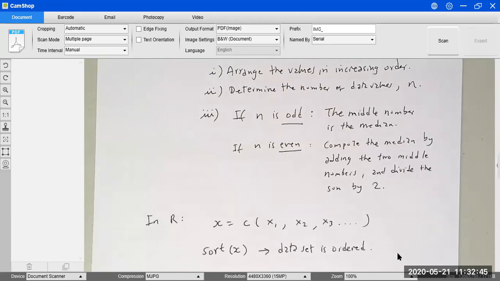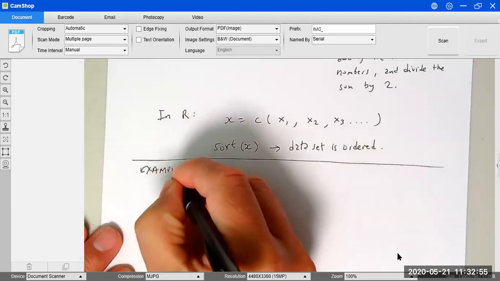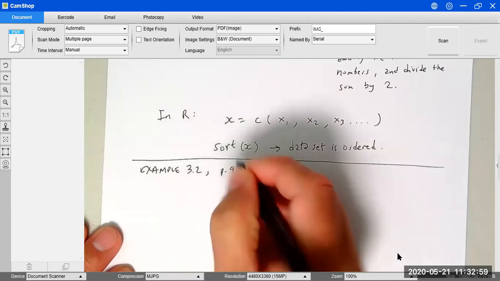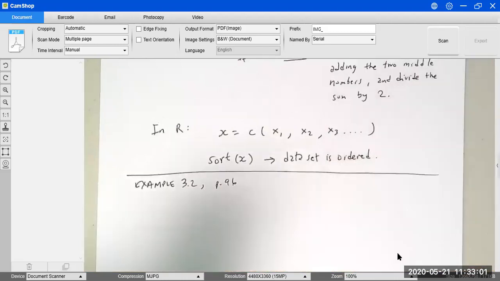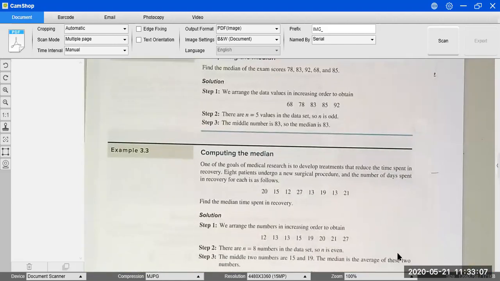So we're going to work now example 3.2. Example 3.2 is on page 96. So let's see, page 96, example 3.2.